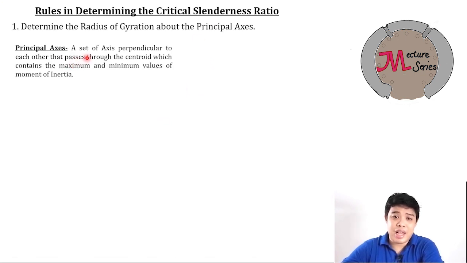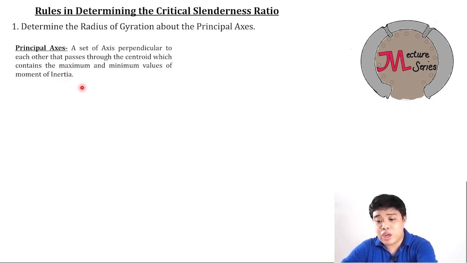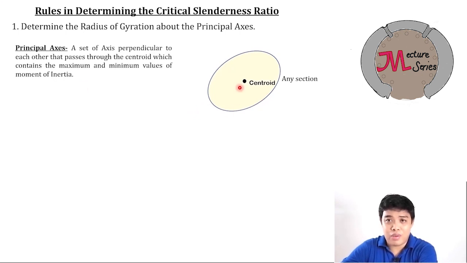The principal axes are a set of axes perpendicular to each other that pass through the centroid, which contain the maximum and minimum values of moment of inertia. For example, this oval is not only an oval, it illustrates any section. These are the principal axes.